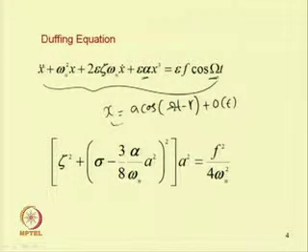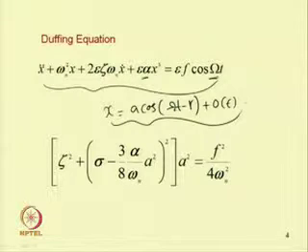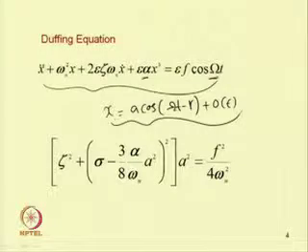One can write the solution of this equation by using different methods, including perturbation methods such as the method of multiple scales, the Lindstedt-Poincare method, the method of averaging, or the harmonic balance method. The first order solution of this system is given by x equal to a cos (omega t minus gamma).